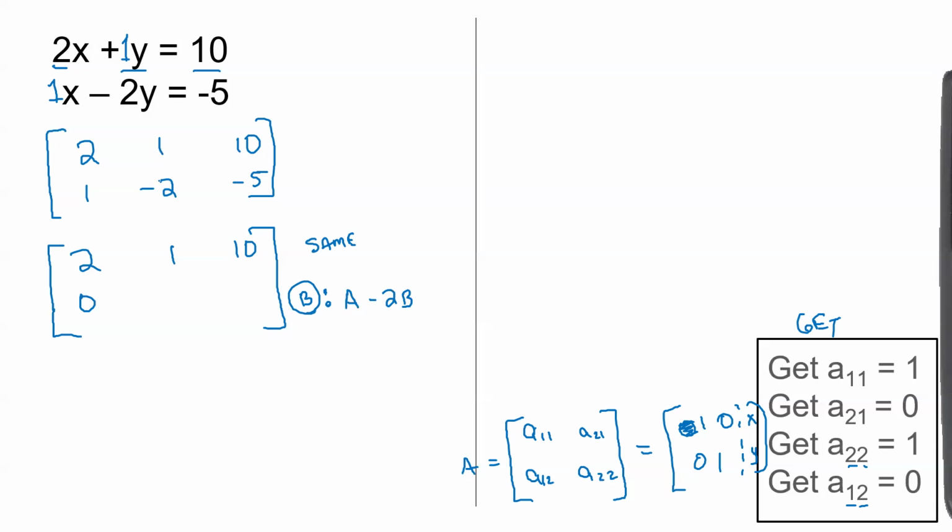1 minus 2 times 2, minus a negative is a plus. So 1 plus 4 would give me a 5 right there. Now I need to do 10 minus 2 times 5.